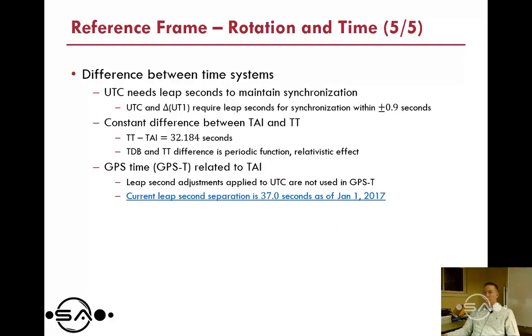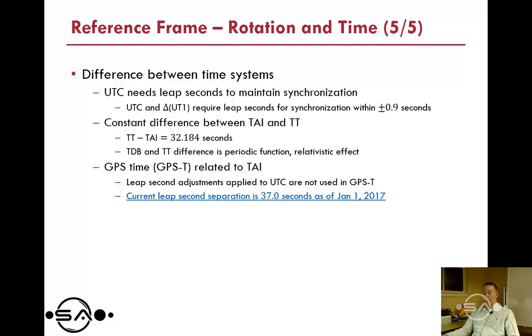So what's the difference between Universal Coordinated Time and International Atomic Time? The difference is that the Universal Coordinated Time and the change of period require leap seconds in order to maintain synchronization within plus or minus 0.9 seconds.